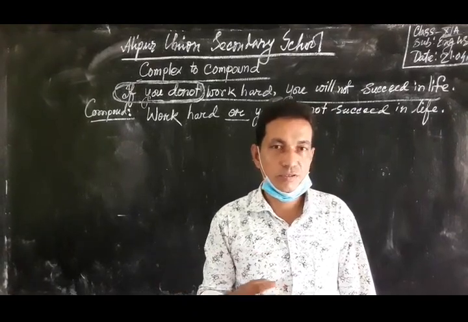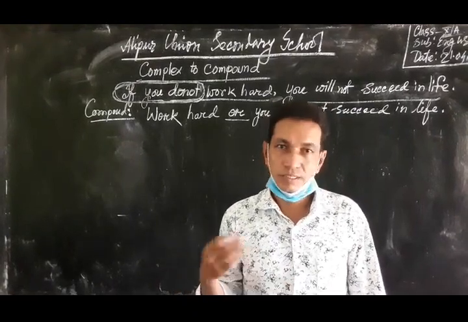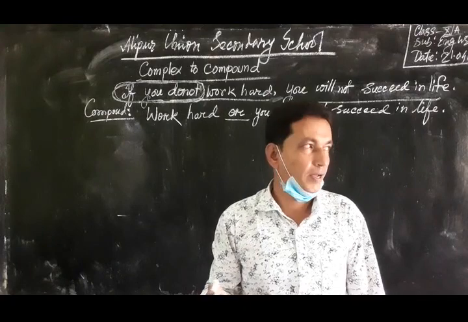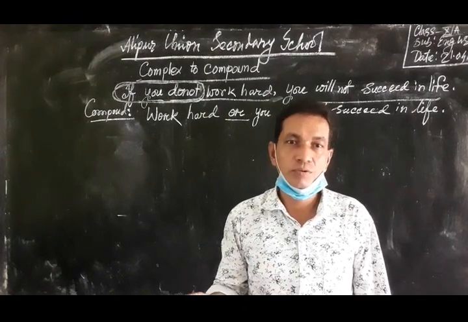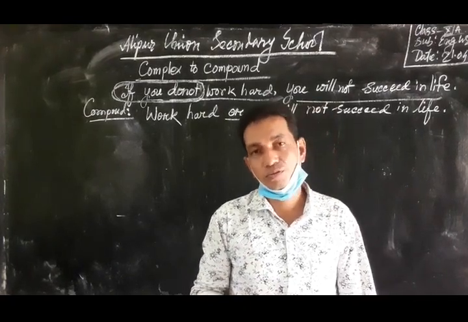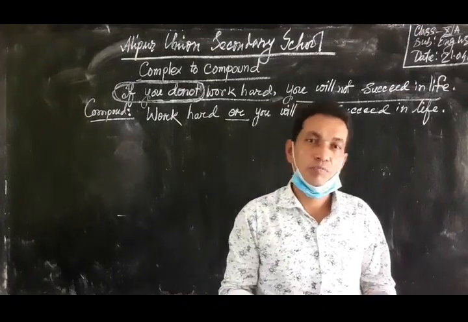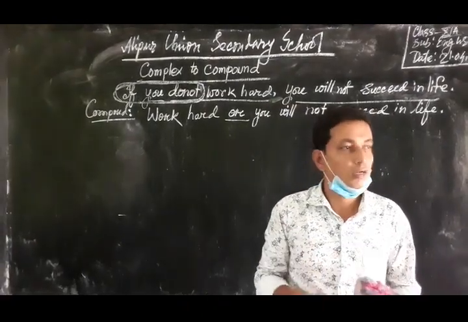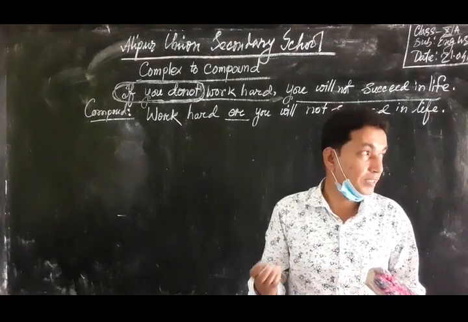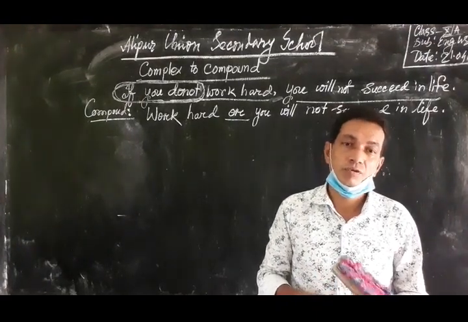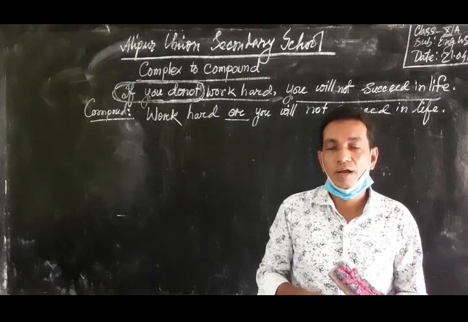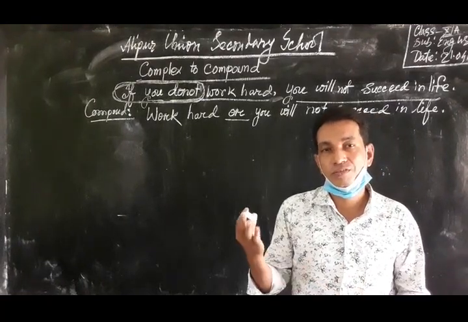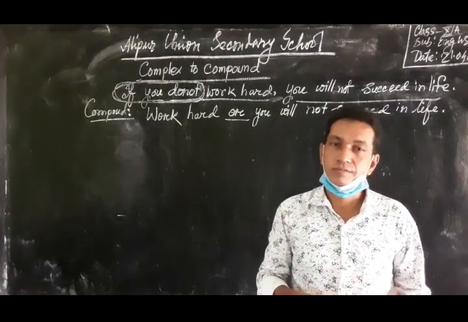In the case of positive sense, there is a rule, and in the case of negative sense, there is also another type of rule of complex to compound sentence. So, dear learner, these items are very important for the SSC level students, and I hope you will practice these items more and more staying at home.